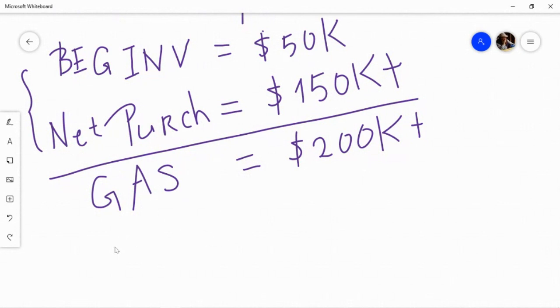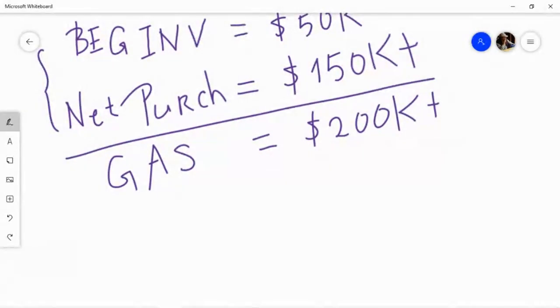What happens next? Look, you have a business, you have a store, you have $200,000 worth of merchandise. Sell it. Yes. In other words, sale happens next, isn't that right?